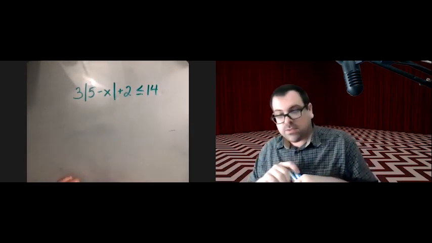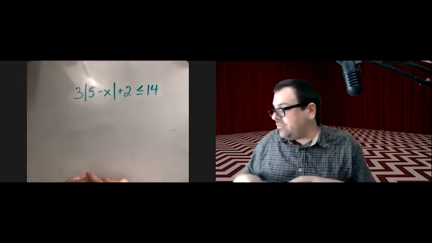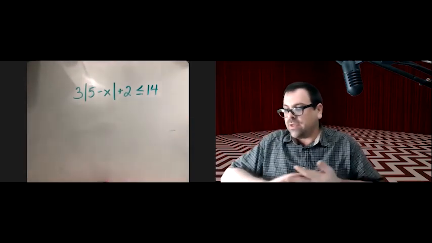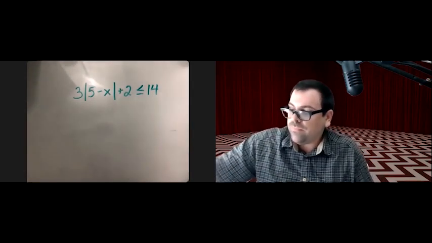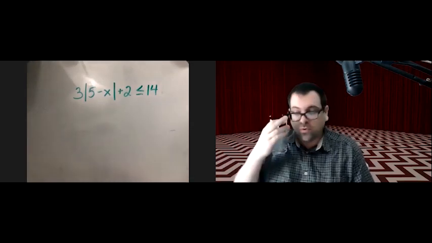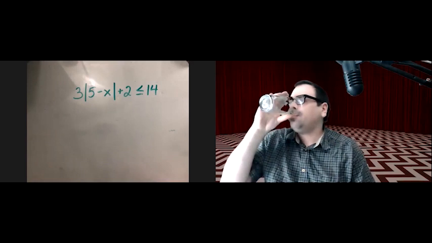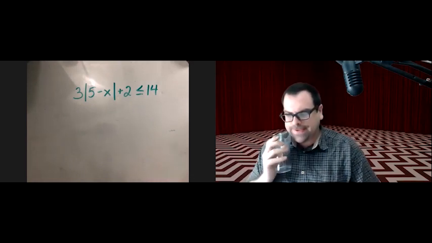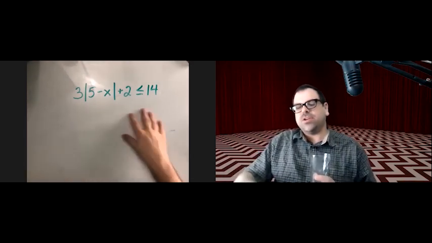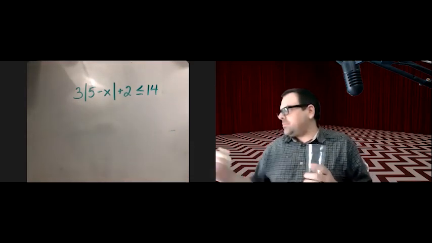Three times the absolute value of 5 minus x, plus 2, is less than or equal to 14. Go ahead and get started on isolating the absolute value.